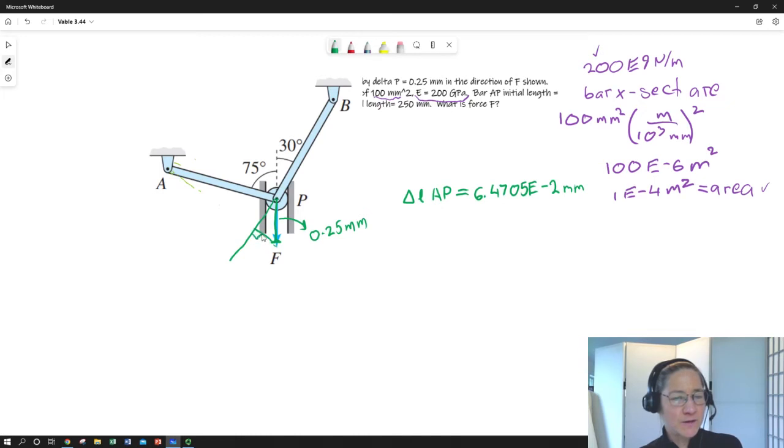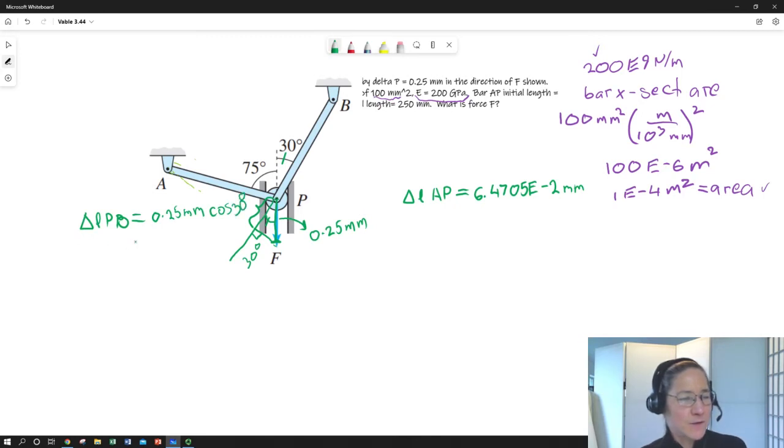Drop a perpendicular, and so now this side, which is adjacent to a 30-degree angle, this angle being the same as that angle, we can say delta L of PB equals, what is our hypotenuse? 0.25 millimeters, cosine 30 degrees.